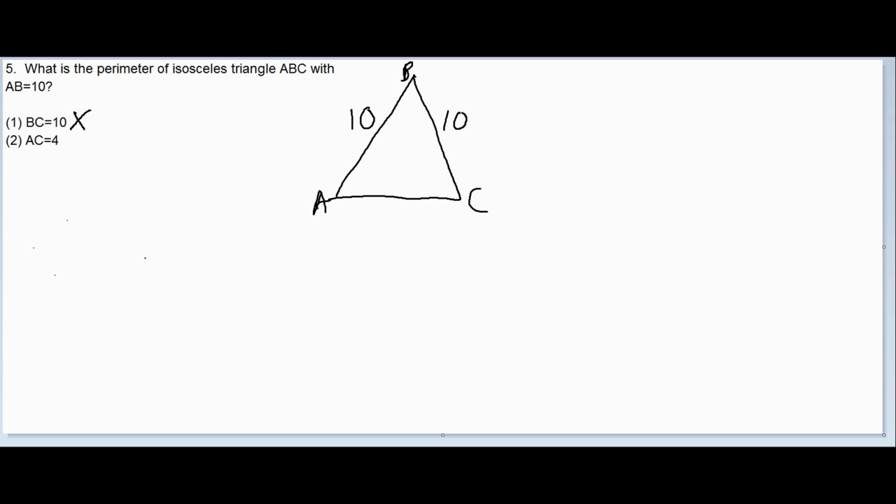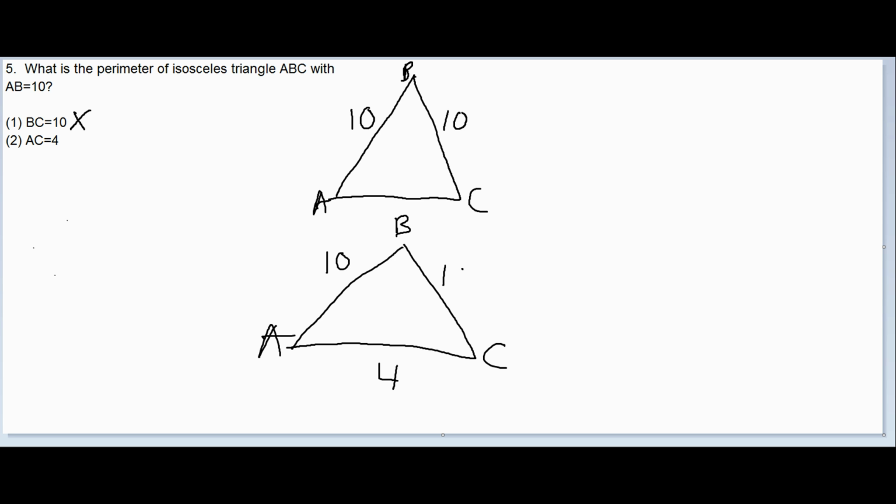Statement 2 says that AC is 4. So let's draw this again. If we know that AB is 10 and AC is 4, and again we know that it's isosceles, you might say, okay, well, if it's isosceles, that means BC either has to be 10 or 4, right?